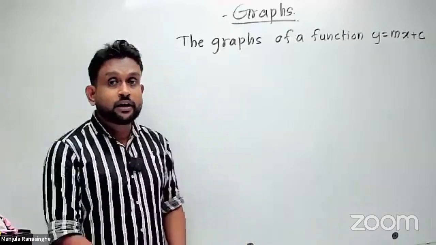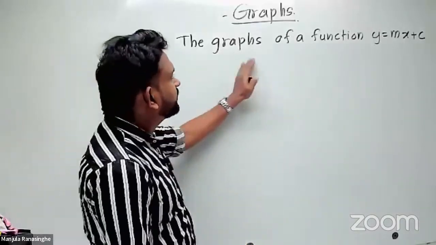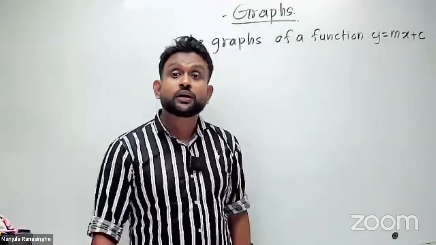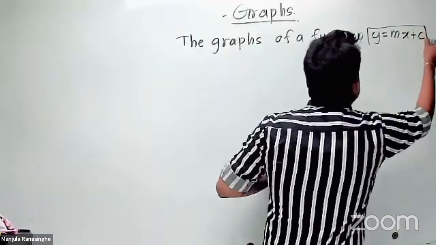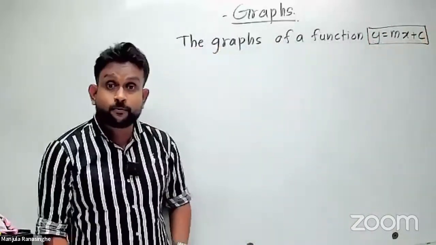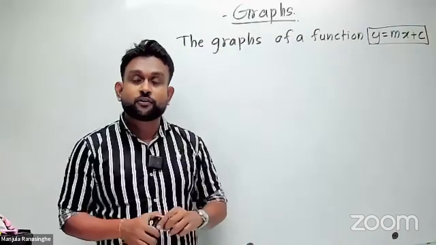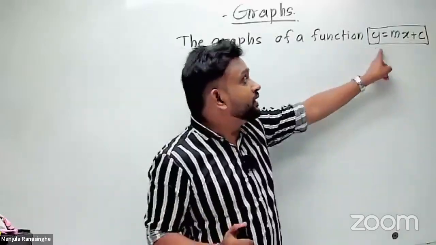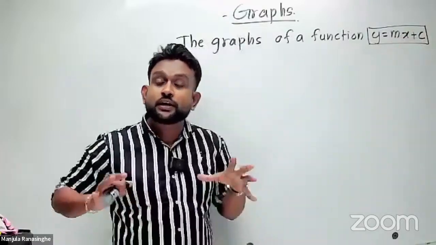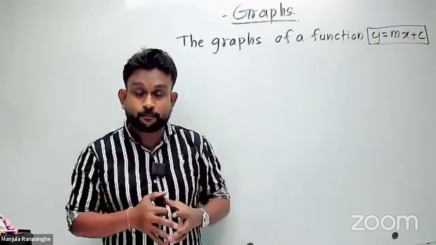Now we are discussing a graph of a function y equal mx plus c. This is called the equation of the graph. This is a function, a relationship between x and y.